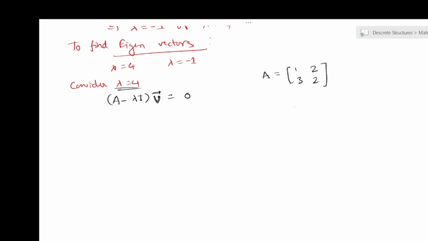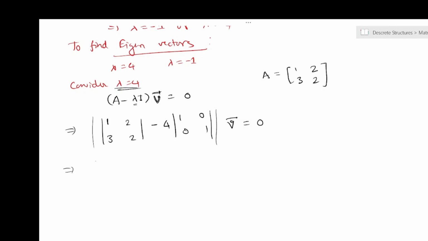Now we'll go to the next part where we substitute the value of lambda. Here we have [1 2; 3 2] minus lambda, which is 4 times [1 0; 0 1], and the vector is equal to 0. I have just substituted the values.